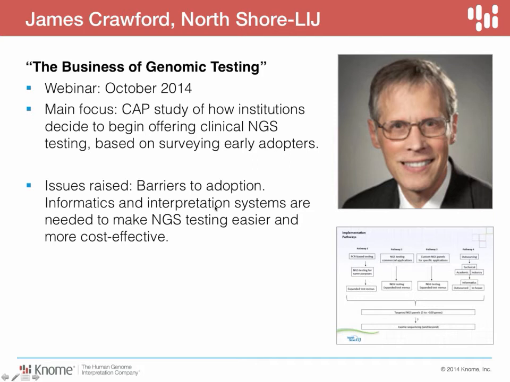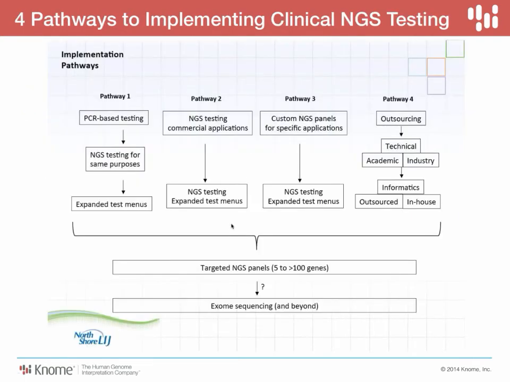So I'm also going to focus on something kind of interesting that he also showed, which is 4 pathways that institutions are taking to get into NGS testing. The first one is starting in a lab that's already been doing PCR-based testing.